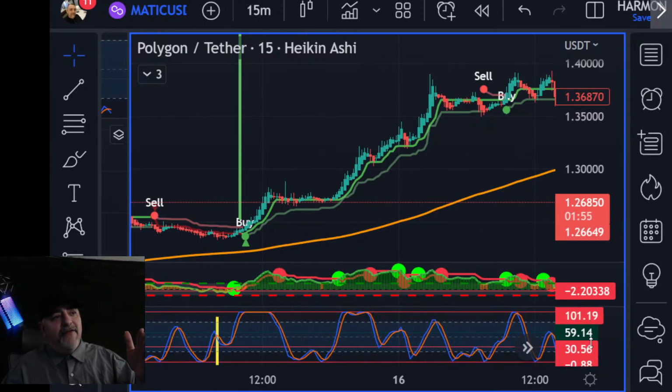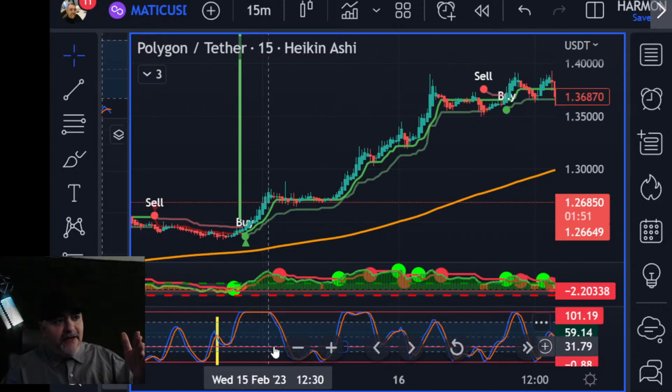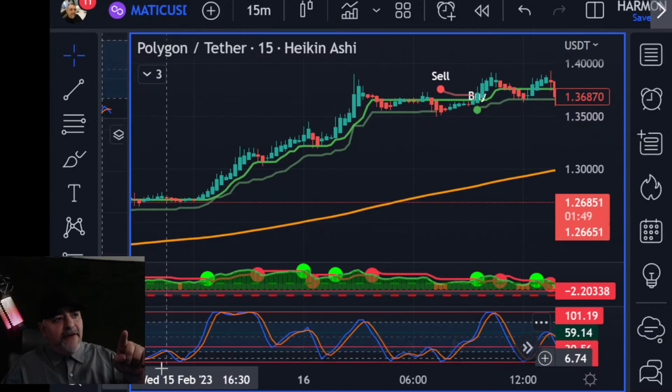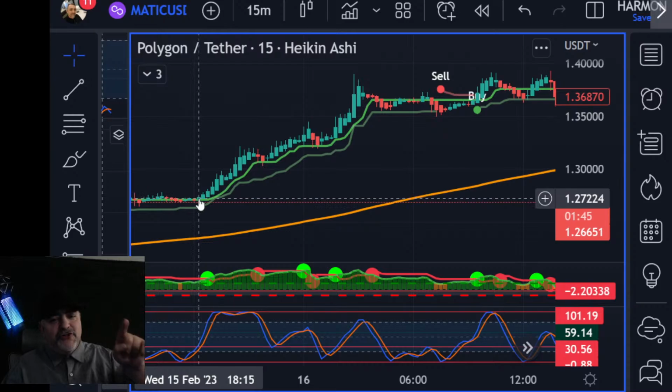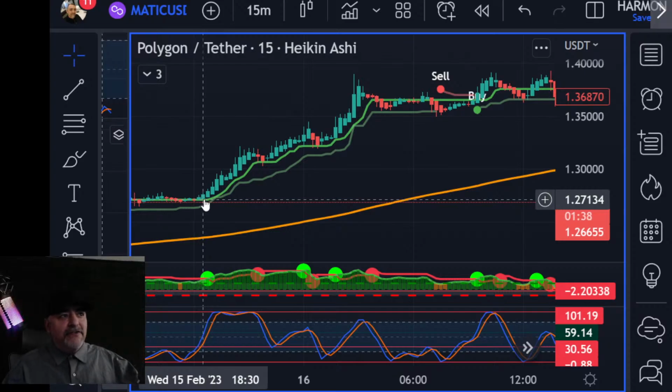And that's what I mean by this right here, this 30 line right here. This is the 30 line, right? Which is this line right here. Once it breaks the 30 line, which it does right here, this is where you would enter the trade right here. This is the right time to enter this trade for the second time because you missed the first time. Okay, do you guys understand that?